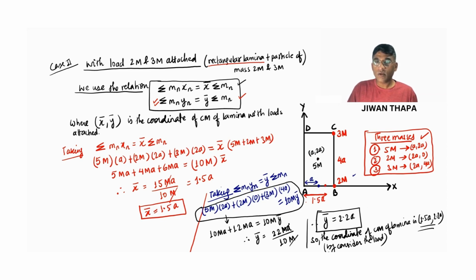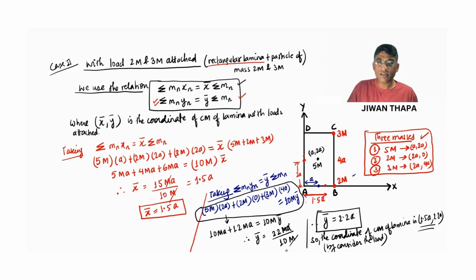and the y coordinate is 2.2A. So let us take this roughly as the midpoint of AD. So this distance is twice A. So 2.2A. So roughly I'm taking over here.